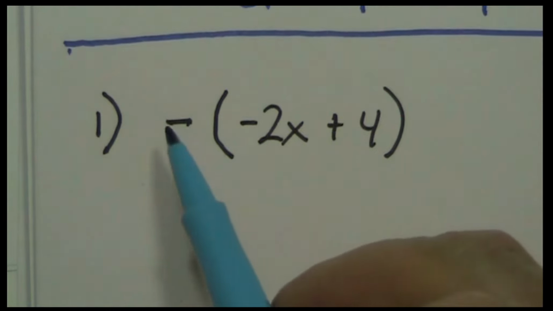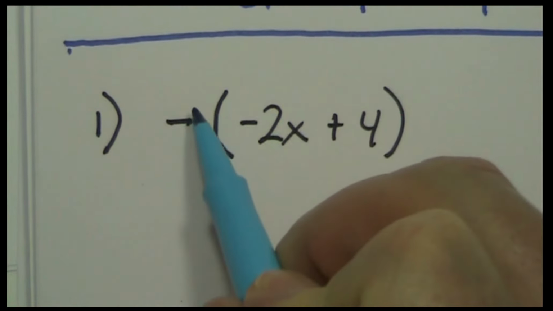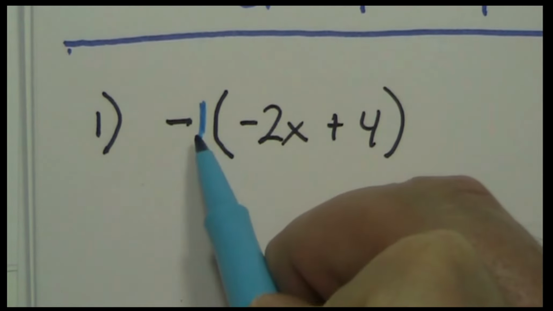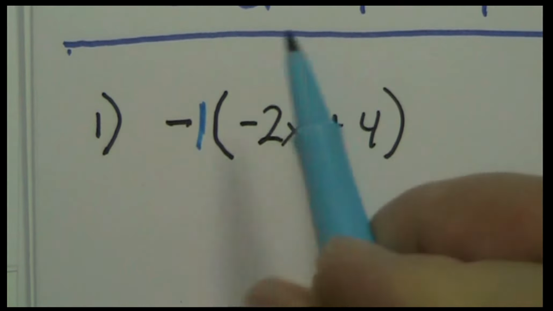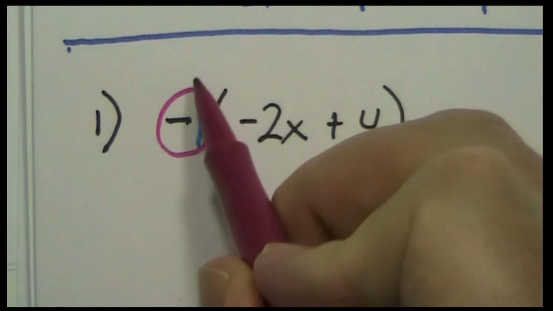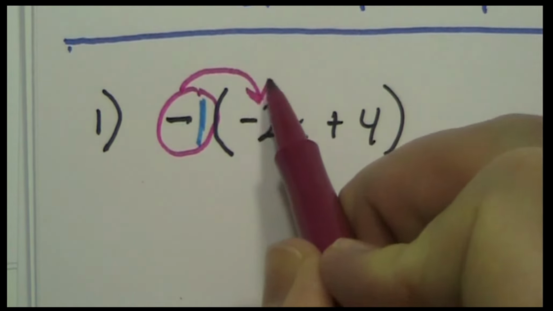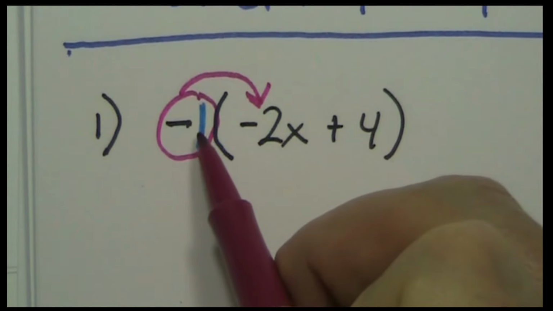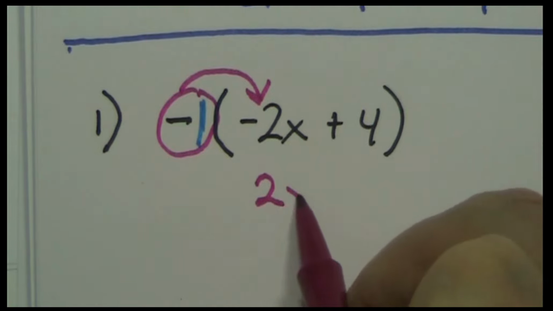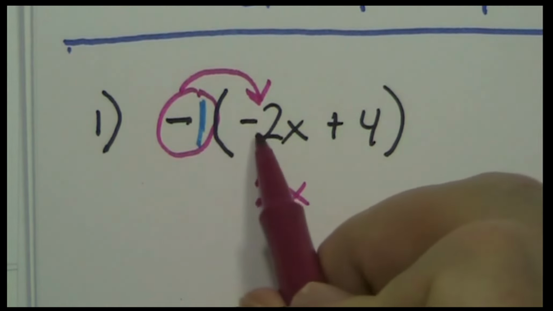What many people seem to forget is that this is the same thing as -1. There's our -1, and we'll distribute that over the other two numbers. So -1 times -2x: 1 times 2 is 2, it's 2x, and two negatives cancel.